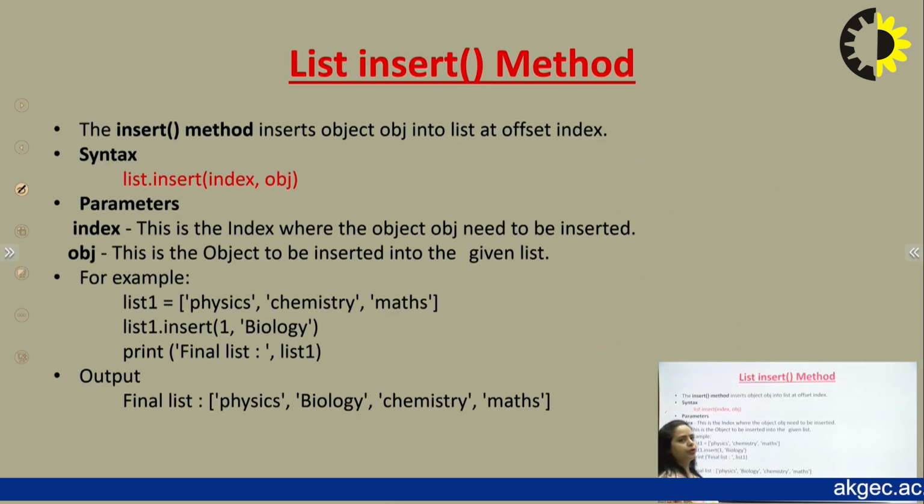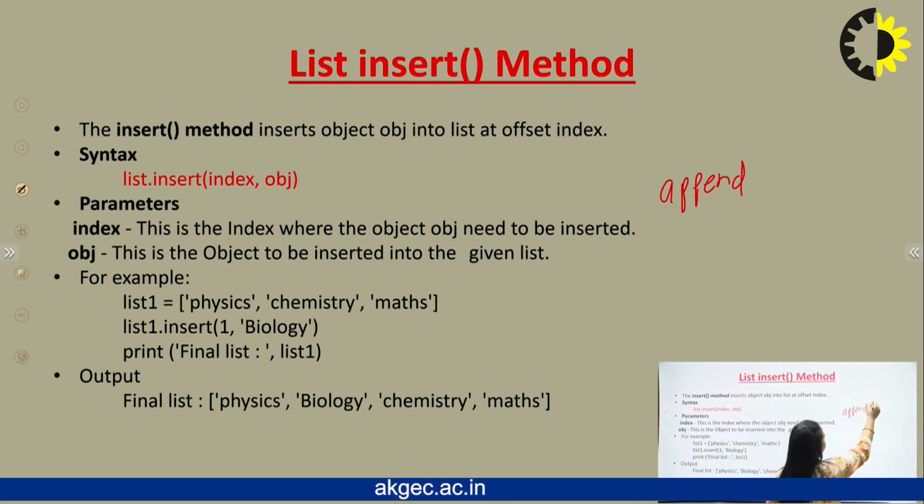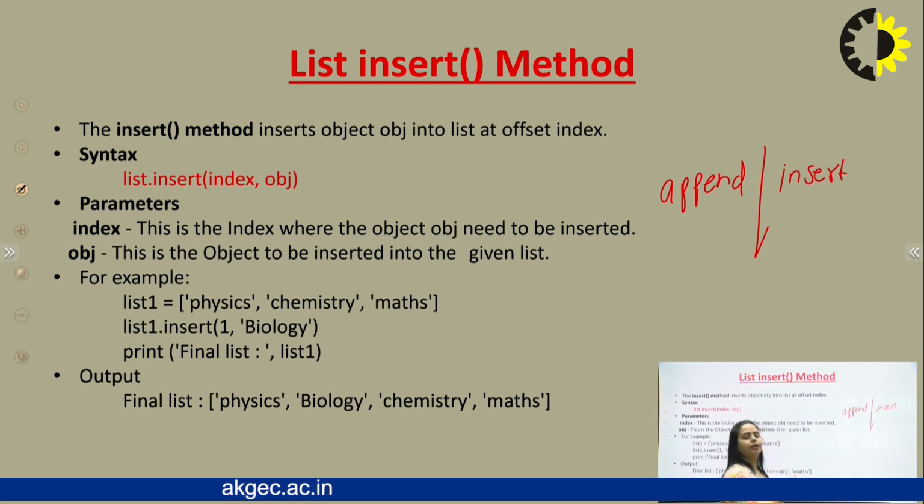Next is the insert method. The insert method is also used to insert an object or value into the existing list. Previously I have studied the append method. Now, insert. Both methods are used to add an element to the existing list. Now, first of all, we have to see how it will work. The insert method syntax is this.